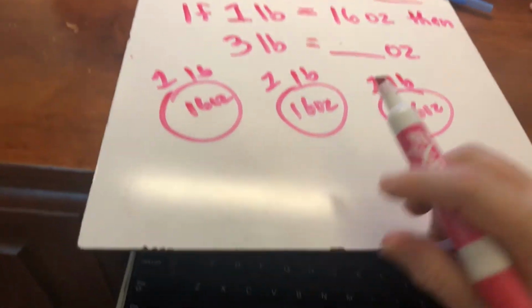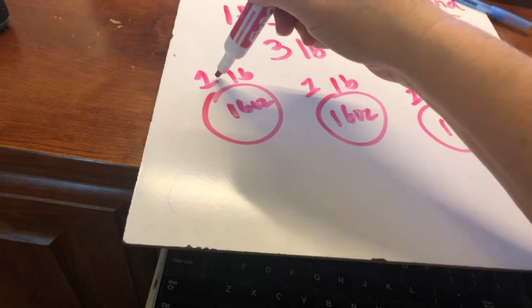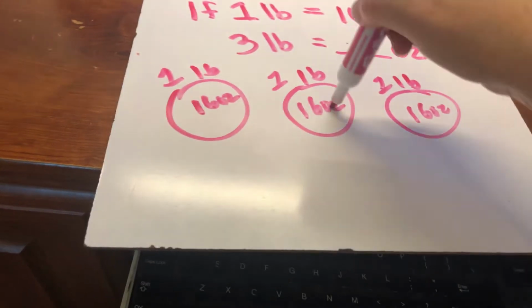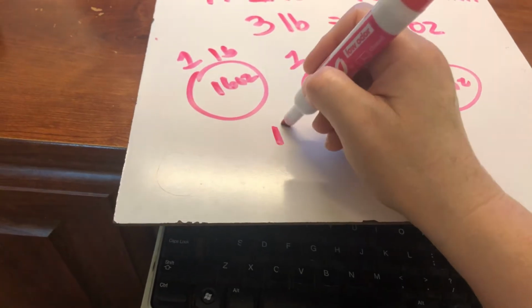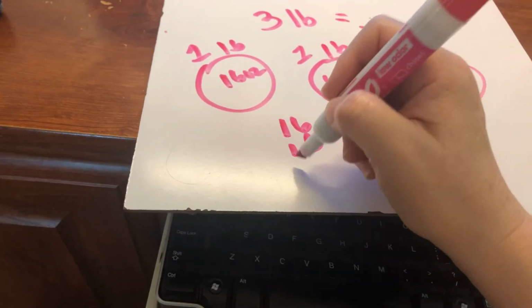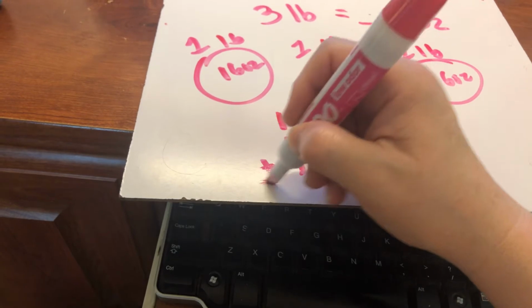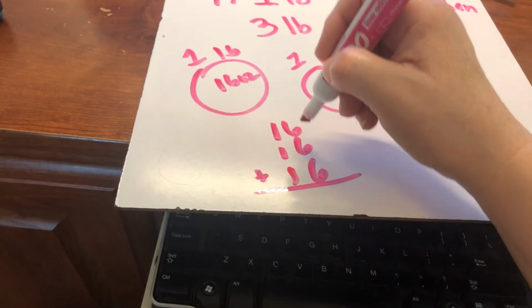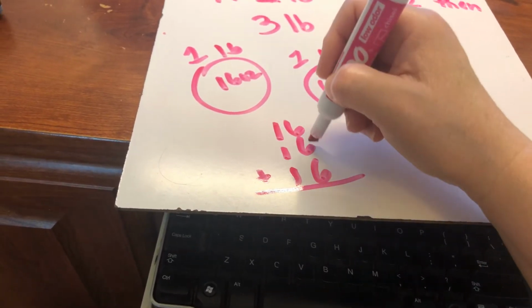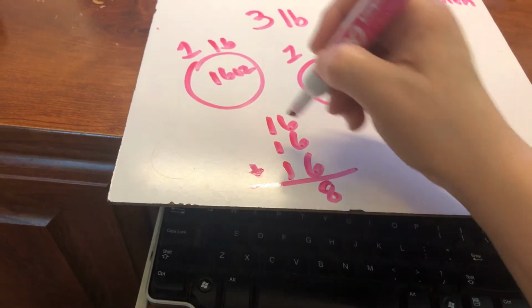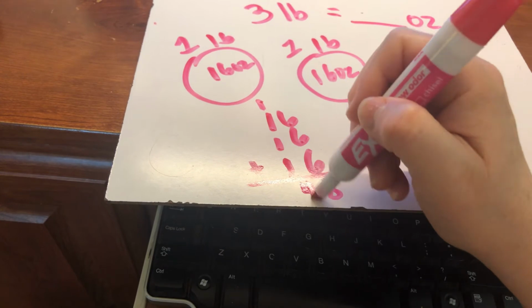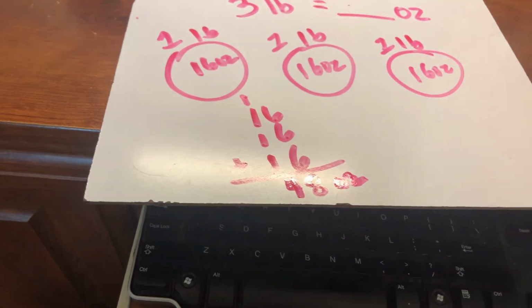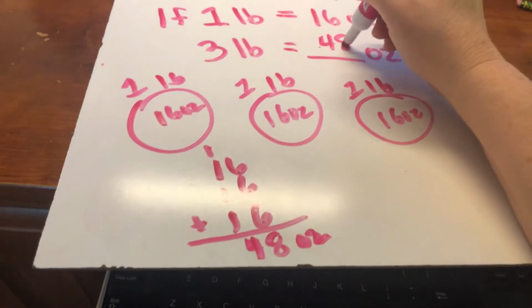How would I figure out what 3 of these equal, if one of these equals 16 ounces? I would take 16 plus 16 plus 16. 6, 12, 18. Put down the 8, regroup the 1. 1, 2, 3, 4. So 48 ounces then. That's what would go on this line here.